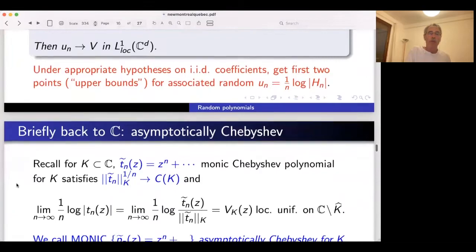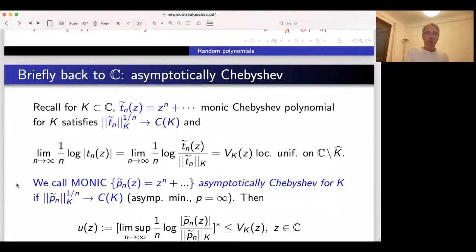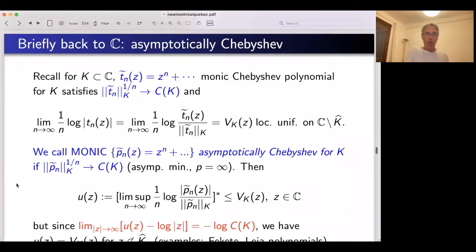So let me go back to one complex variable for two minutes to motivate what we're going to talk about in several variables. So let's actually look at a special case of Duncan's asymptotically minimal. This will be kind of the L infinity version, which is called asymptotically Chebyshev. So, of course, remember those Chebyshev polynomials?